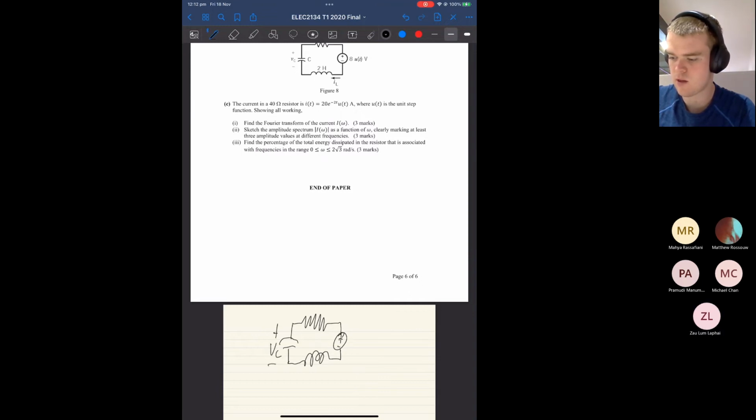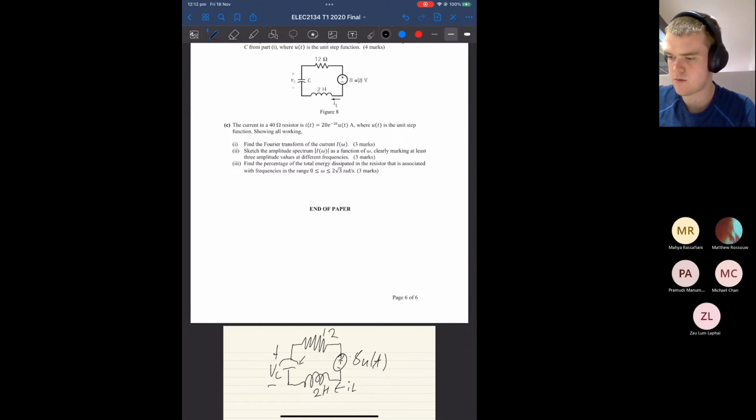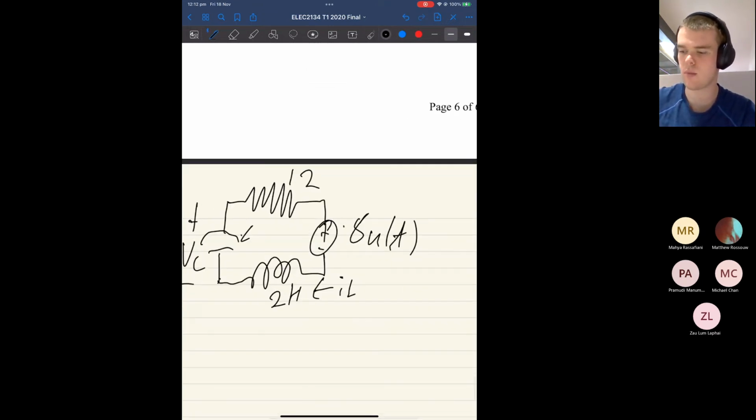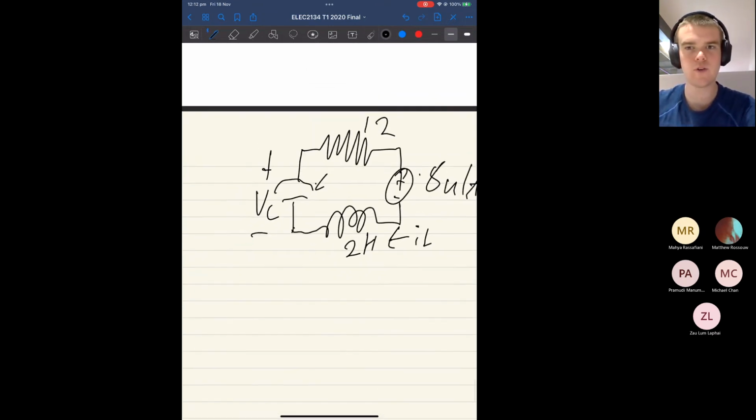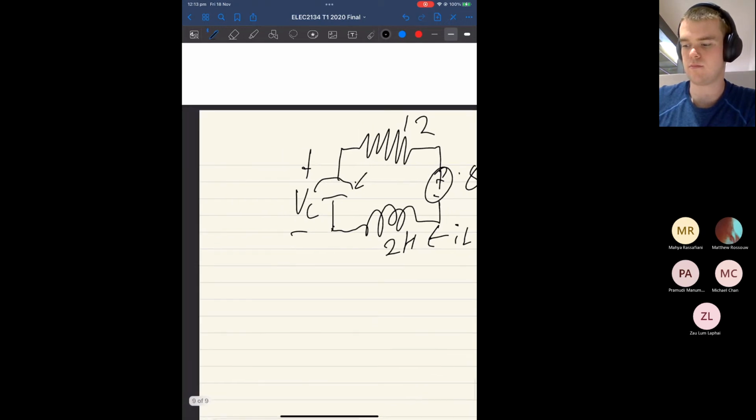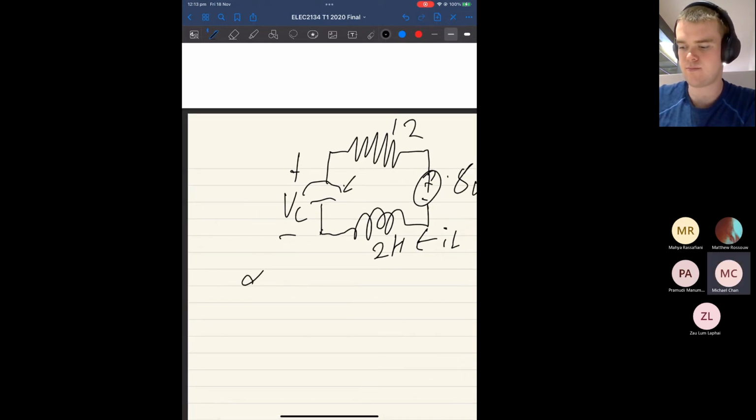Plus or minus VC, C, 2H, L, 8 u(t), and 12. So what do we need for a critically damped system? Was it alpha equals omega for the characteristic function? Very good.